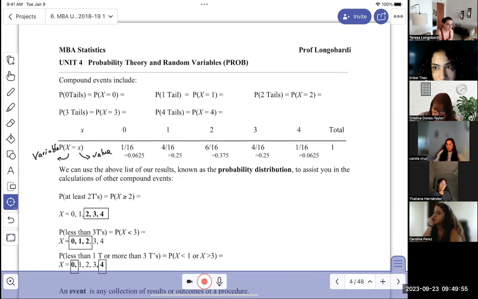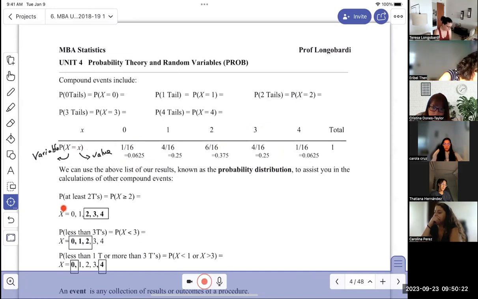We want to know the probability distribution, and we want to use it to make predictions. So given this distribution, what's the chance of getting no tails? It's 1 in 16. What's the chance of getting 3 tails? It's 4 in 16.